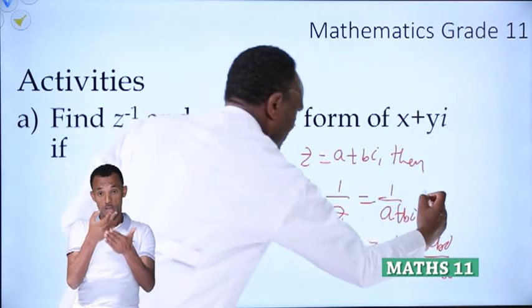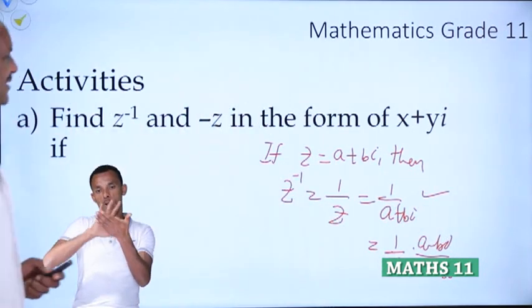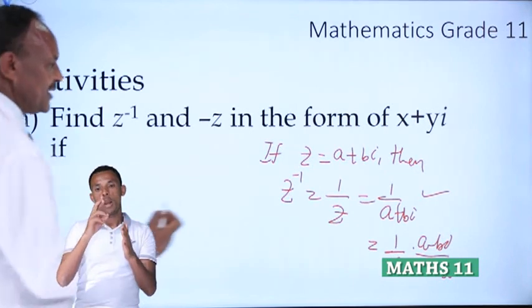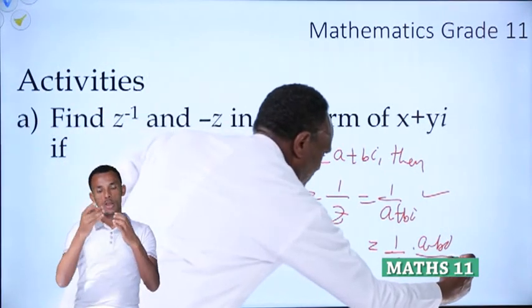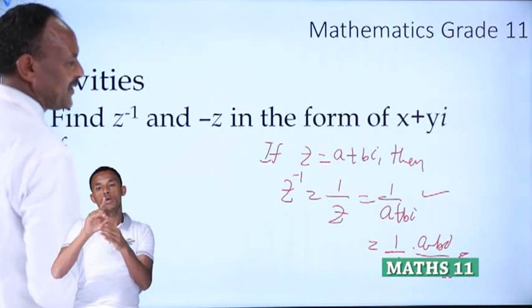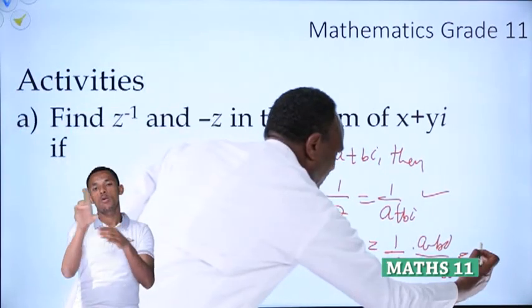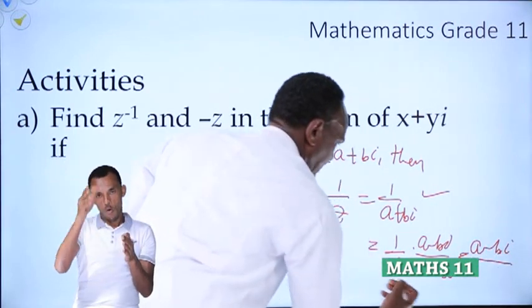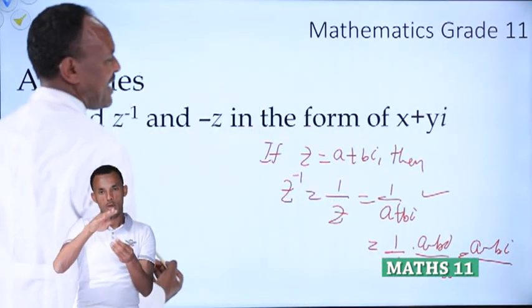This is the reciprocal, but it doesn't show the real and imaginary parts. To get that, multiply both numerator and denominator by the conjugate of the denominator. So when I multiply, I will have a minus bi over a plus bi times a minus bi.